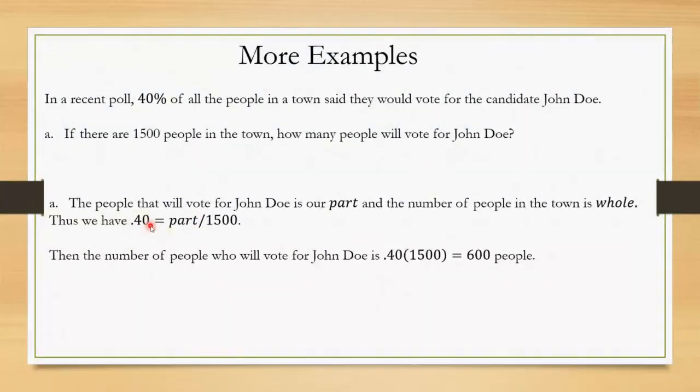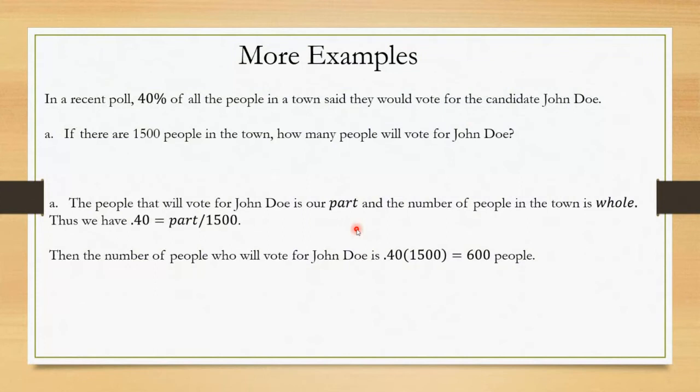But from here, we have 0.40 is part over whole, which in this case, the whole, again, is the entire town, 1,500. So part, which is what we're looking for, would be the product. That's what I'm doing here. So we get about 600 people. So they tell us about 600 people are going to vote for John Doe.